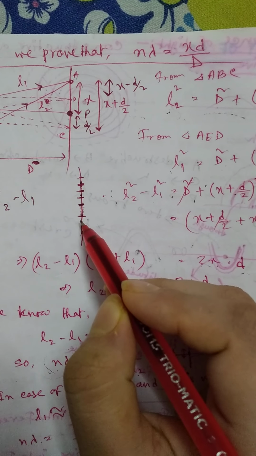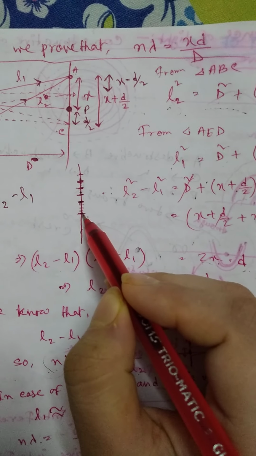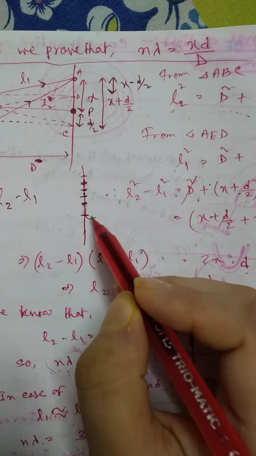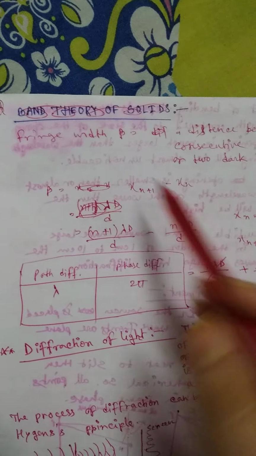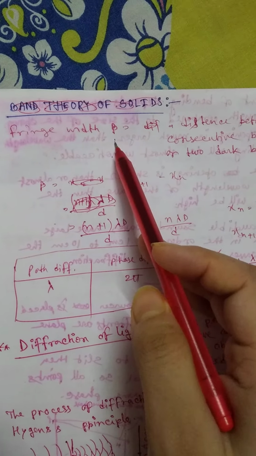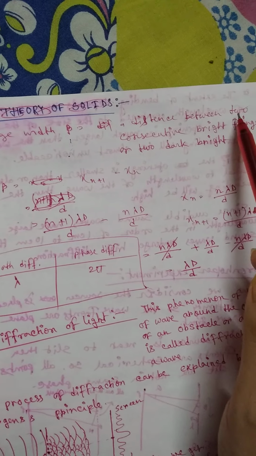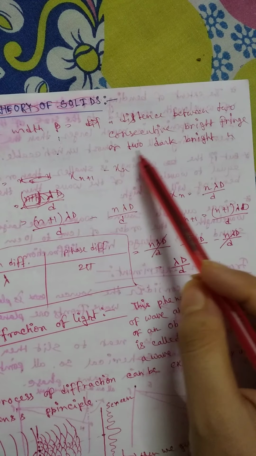If we find the distance between two consecutive dark fringes, then we can find the fringe width, right? Here we assume the fringe width is beta, so beta equals the difference between two consecutive bright fringes or two dark fringes.